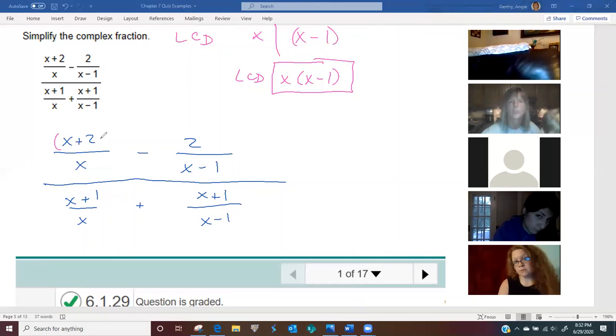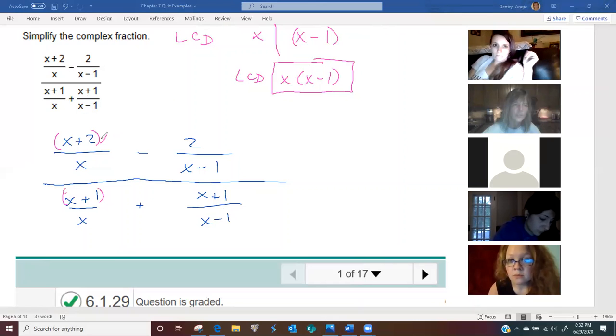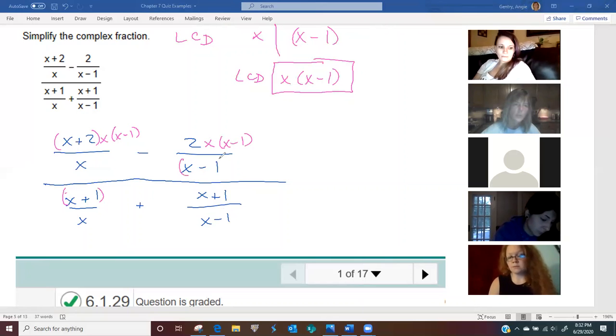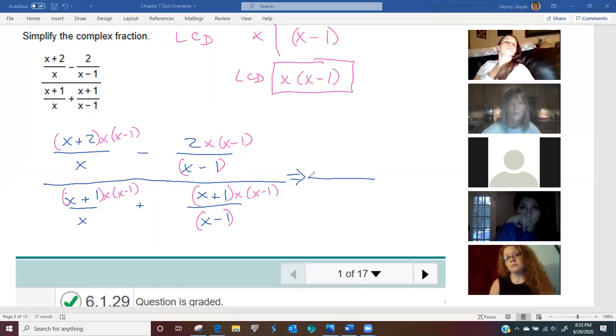So you put parentheses, and then you just put that LCD in each numerator. And then we'll see what happens in the next step. This is why you use colors. Colors will help you. And then I'm going to simplify it some, and then I'm going to leave you hanging with it because you know how to do the rest.